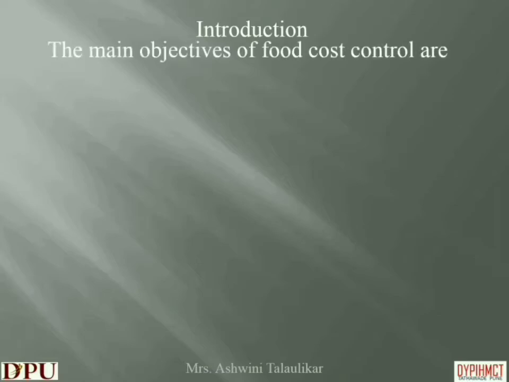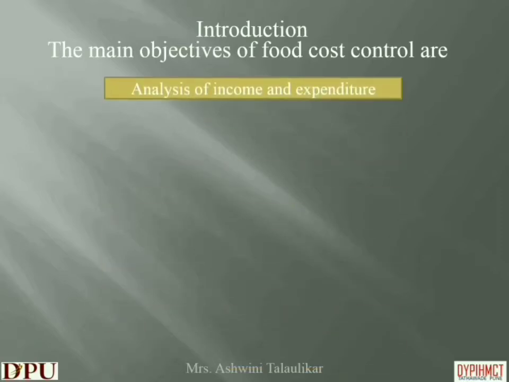The main objectives of food cost control are analysis of income and expenditure. Analysis of income and expenditure is concerned with income and expenditure related to food and beverage operations. The revenue analysis is usually done by each selling outlet of such aspects as the volume of food and beverage sales, the sales mix, and the average spending power of customers at various times of the day.